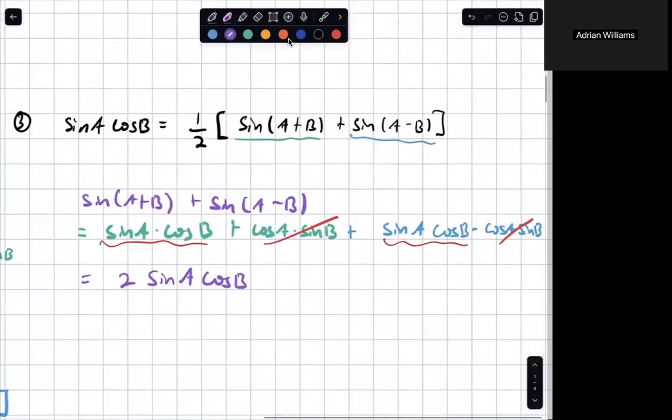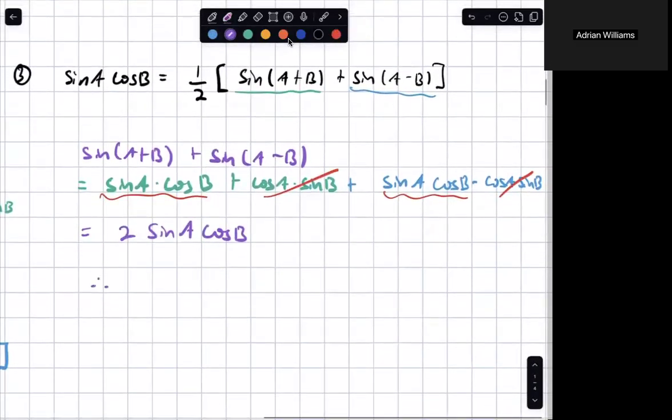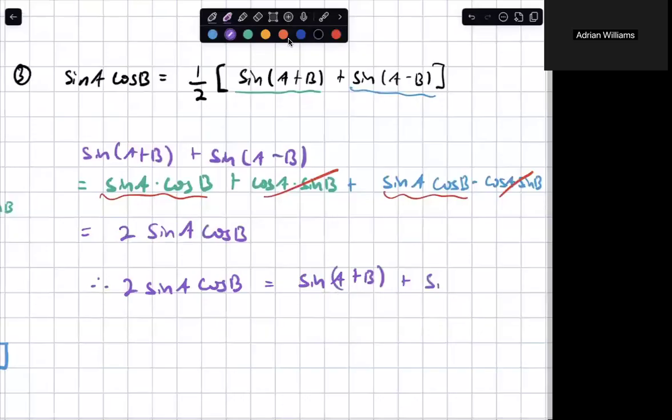Nothing changes from this particular point. We've just established 2 sine A cos B is equal to sine of A plus B plus sine of A minus B.